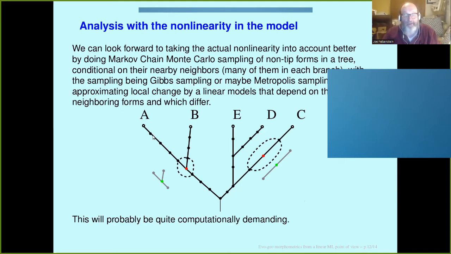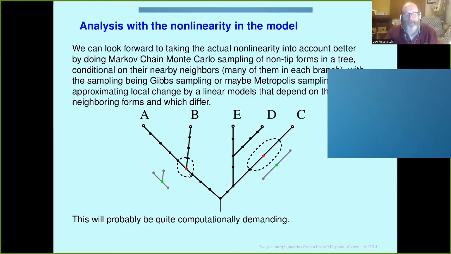And you could estimate forms at various points of the tree. In fact, you could divide each branch into a number of segments. And then you could do Markov chain Monte Carlo sampling of what those ancestral forms were. You know the forms at the tips.